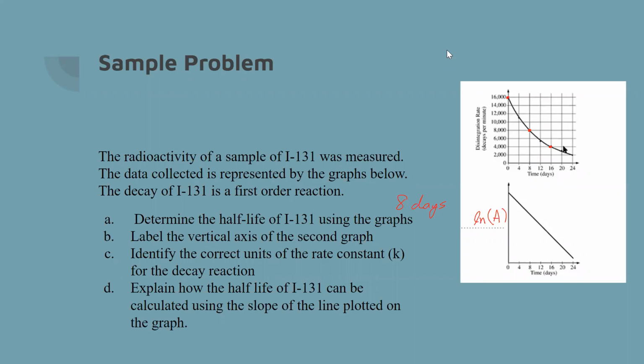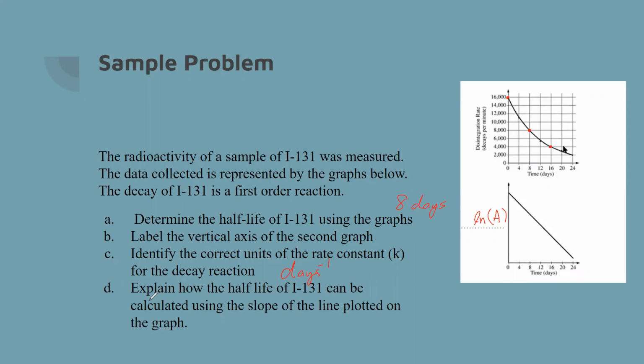However, we are not looking at time in seconds here. We are in fact looking at time in days. So instead of seconds to the negative first, you're going to see days to the negative first as our unit for K in that first order reaction.